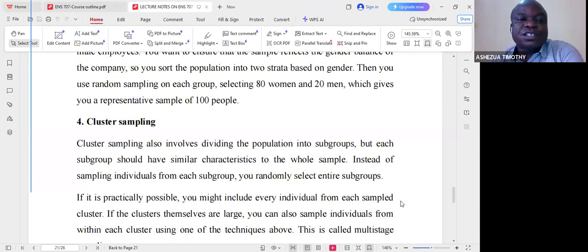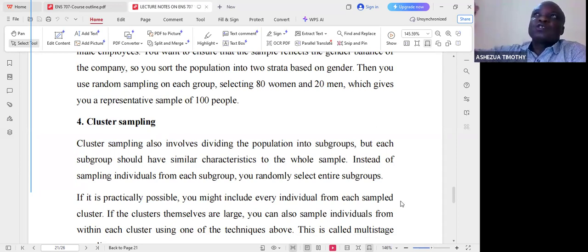The last but not the least is cluster sampling. Cluster sampling also involves dividing the population into groups. In this case, you don't divide into individuals, you divide into groups, but each subgroup should have similar characteristics to the whole sample. Instead of sampling individuals from each subgroup, you randomly select entire groups, just like I was showing you in the cluster chart.